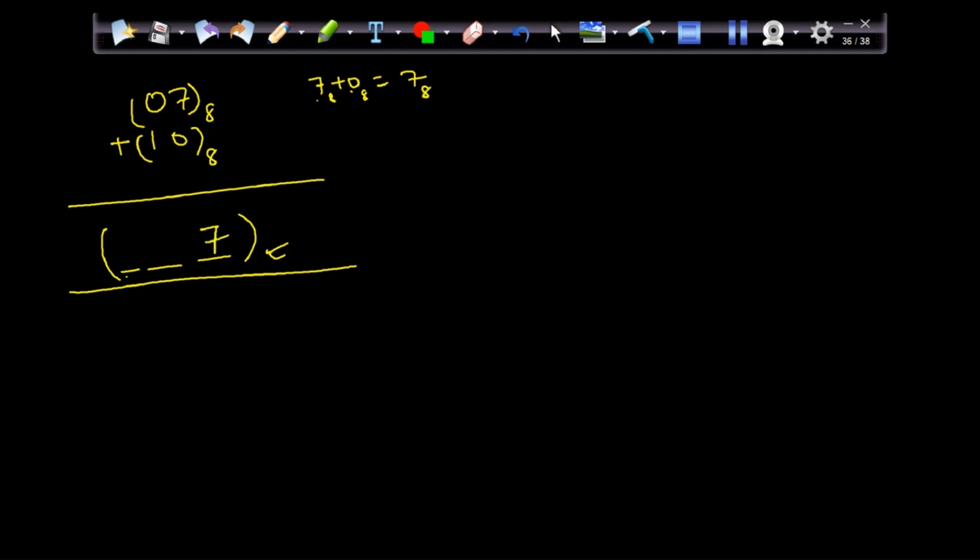So at the ones place, we will have 7. Similarly, at the 8 to the power 1 position, when you add 0 and 1, what will it be? It will be 1. So there will be no carry, right? So the answer to 07 plus 10 is 17.